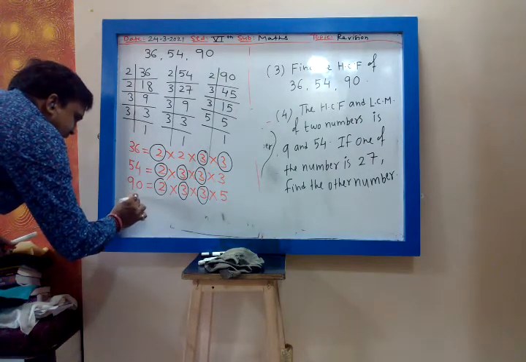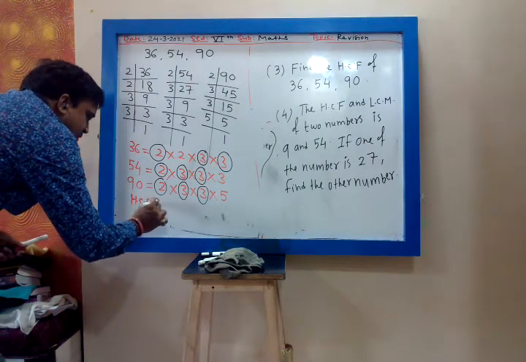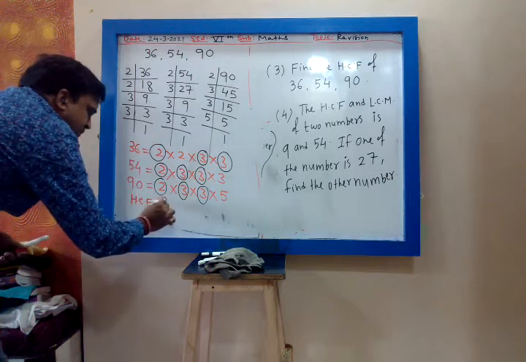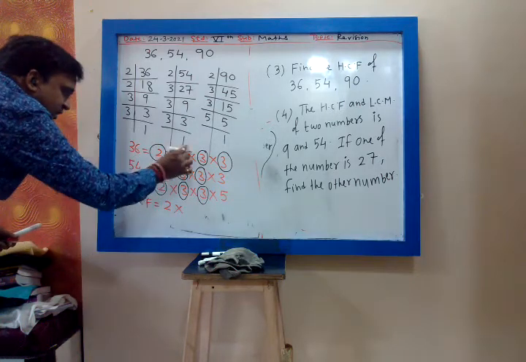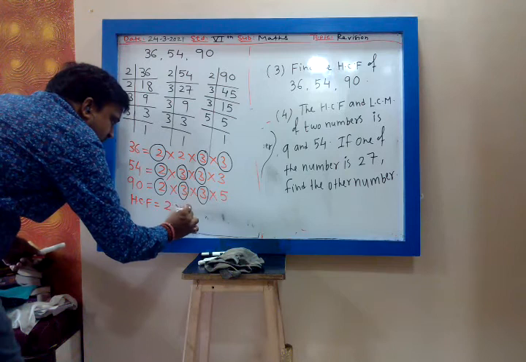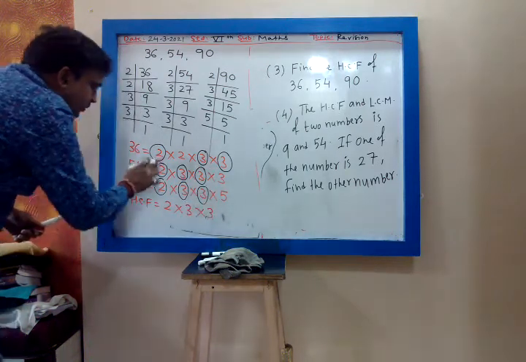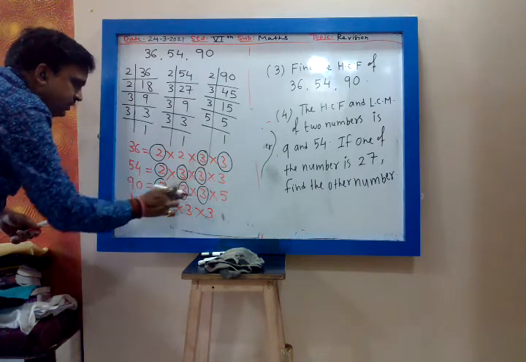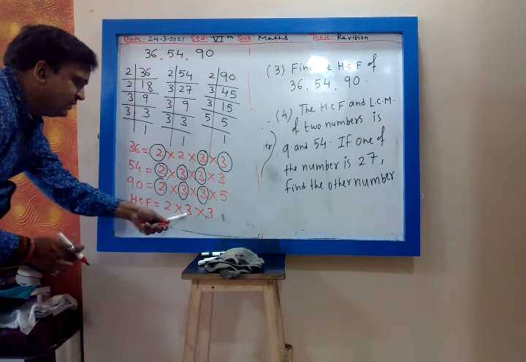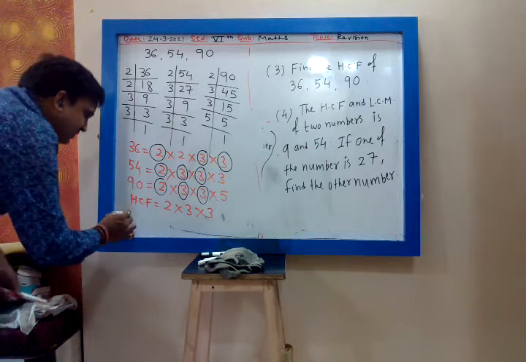So we write the SCF as the multiplication of these common factors. First common factor 2 into second common factor 3 into next common factor 3. So 2 into 3 into 3. 2 threes are 6, 6 threes are 18.